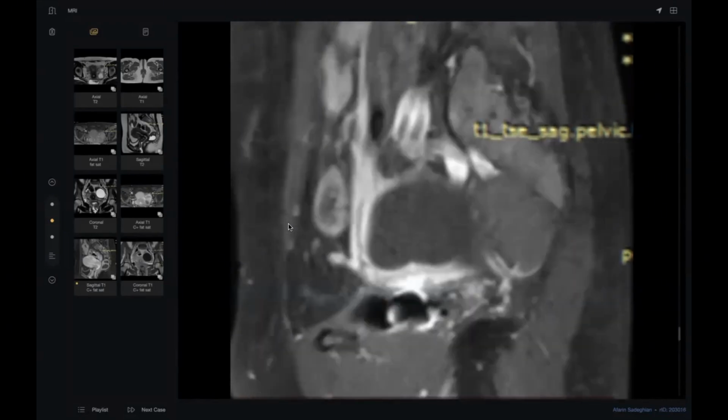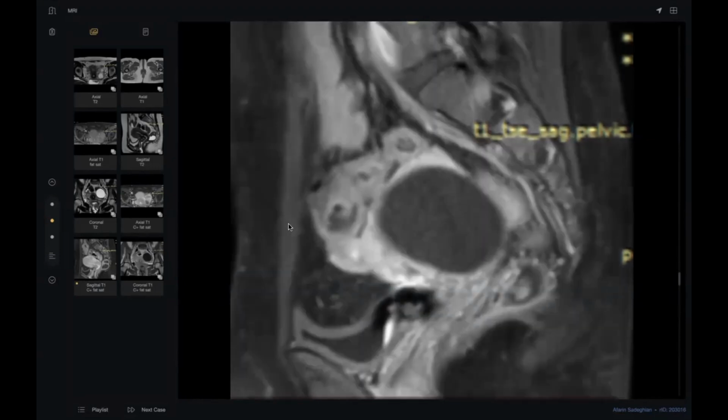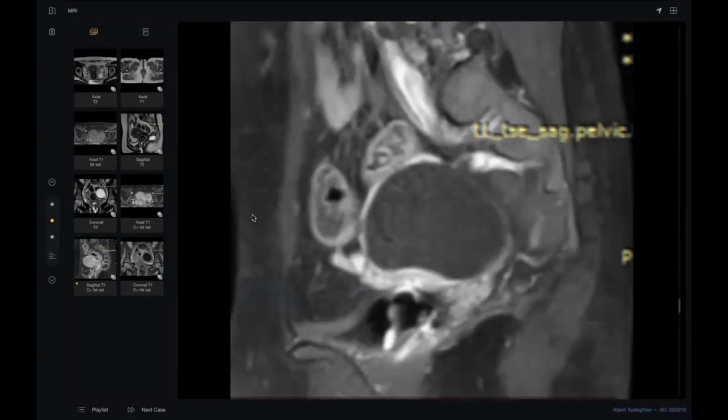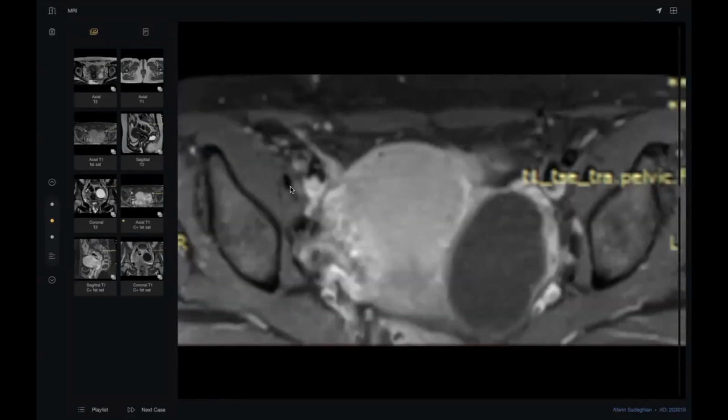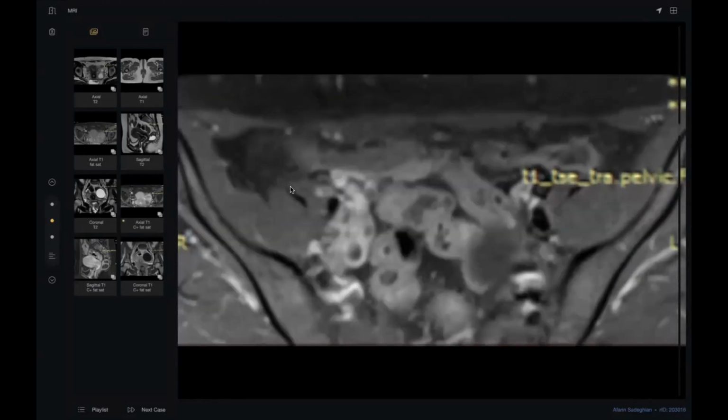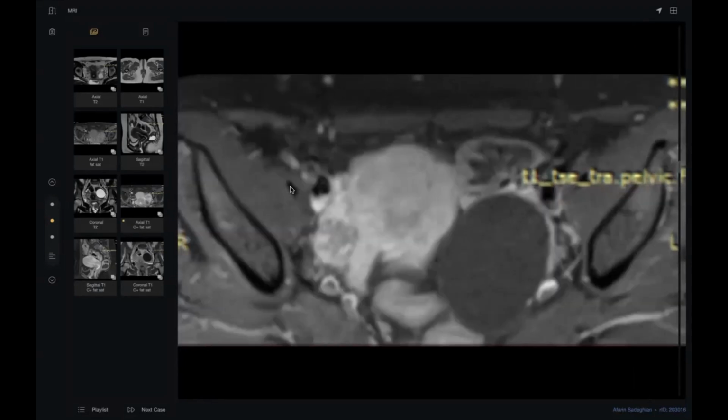And just I want to look for if there is any invasion of the surrounding. Okay, no contrast enhancement. Okay, this is again the post-contrast fat sat, with no contrast enhancement.